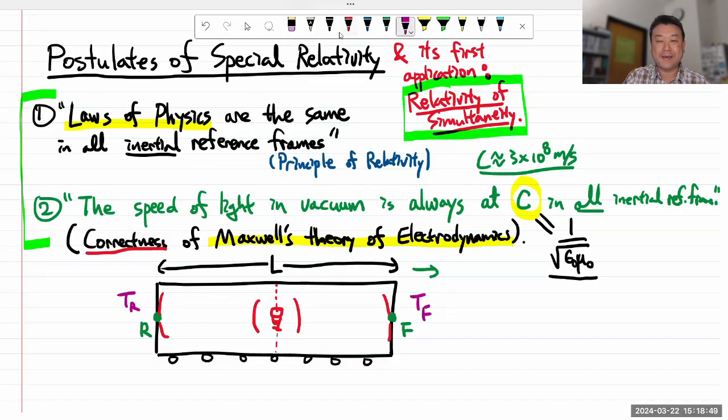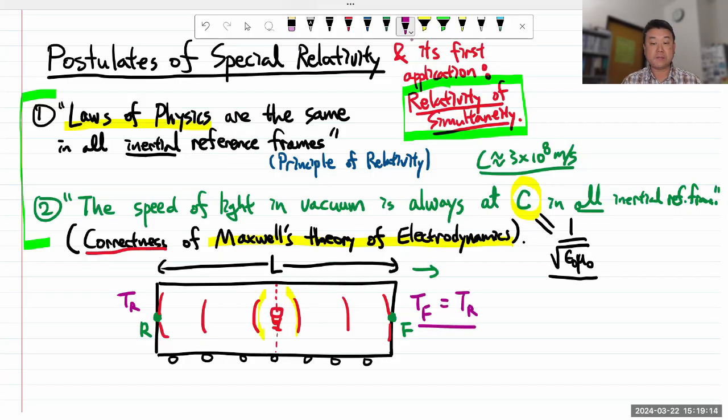Good? I think all of that hopefully makes sense. So if you imagine me lighting this up, emitting a pulse, then the way I've set it up, where this is in the middle, hopefully you have this intuitive sense that by the time the light pulses hit those two detectors, these two times, TF and TR, should be the same.